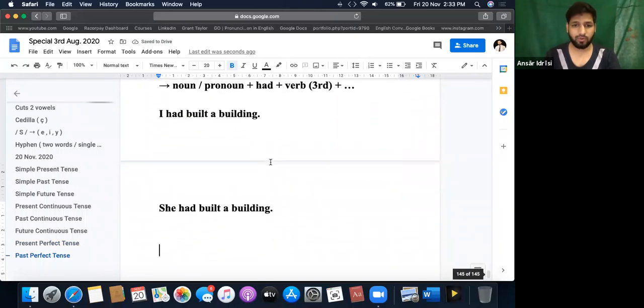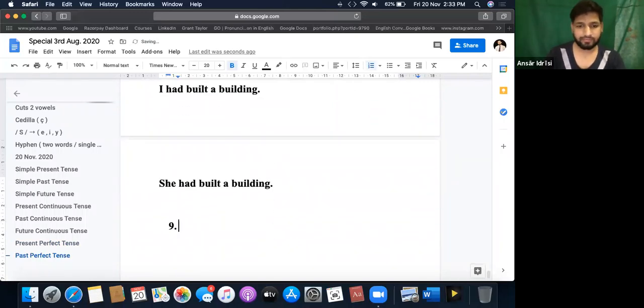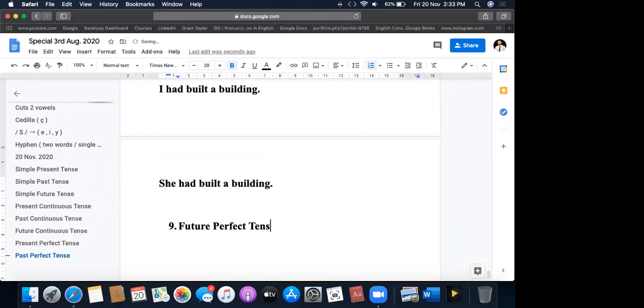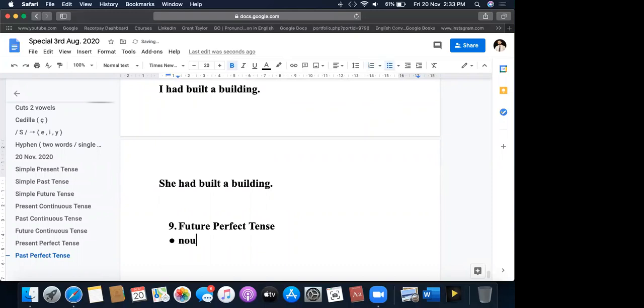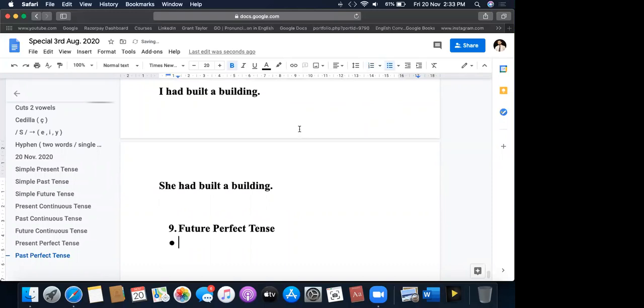Next one, now tense number 9. What tense is this? Future perfect tense. Now when do we use future perfect tense? Action happening in future and perfected in future only. Correct.